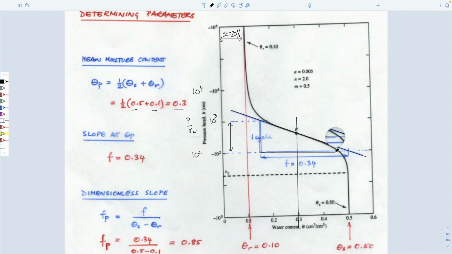So the length of this is equal to 0.34. Right? So this goes between here and here. So 0.1, 0.2, 0.3. Is it 4? I guess it's right down here, right? So this is 0.34.